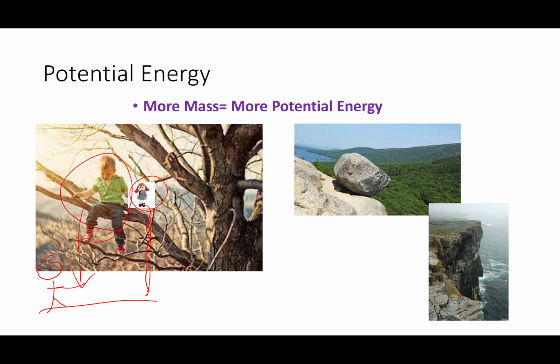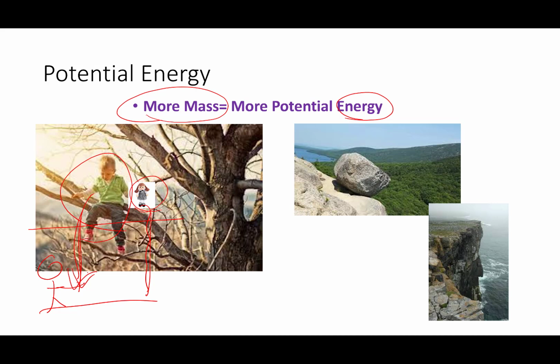It is the same height, the same distance, but it's the mass. The more mass, the more potential it has to do work on you. There is energy stored because the child is at that height. And if he falls, bam, it's going to do work on you.